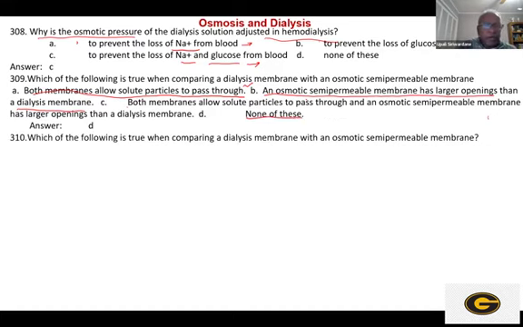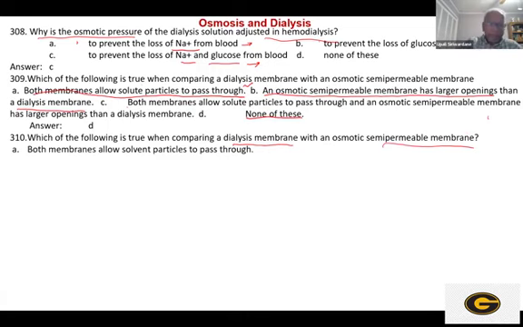Which of the following is true when comparing dialysis membrane to semi-permeable membrane? Both membranes allow solvent to pass through. Oh, this is solute. Dialysis allows... I was reading this as solvent.